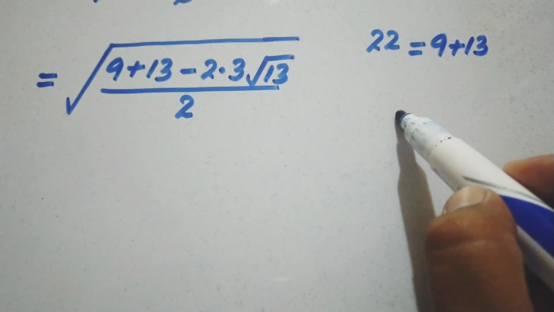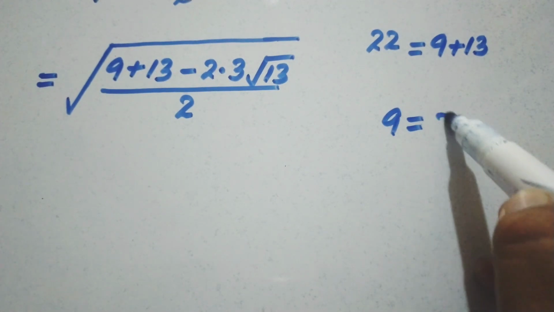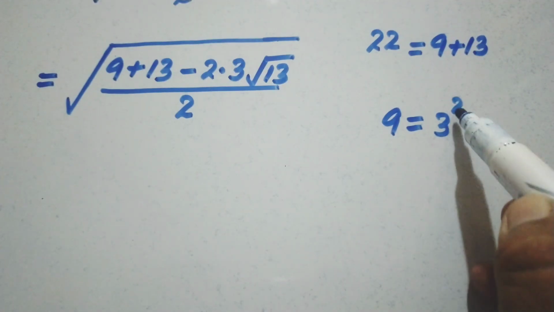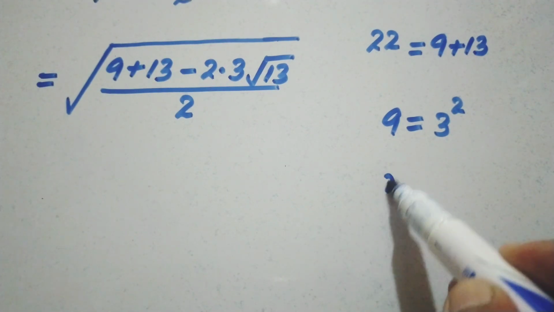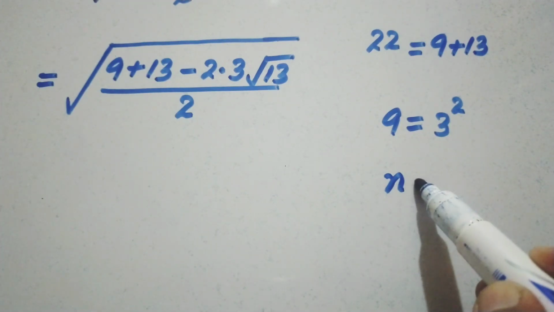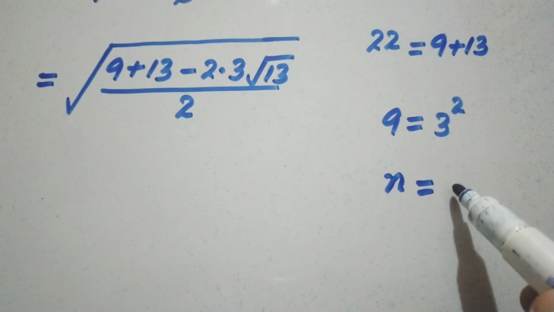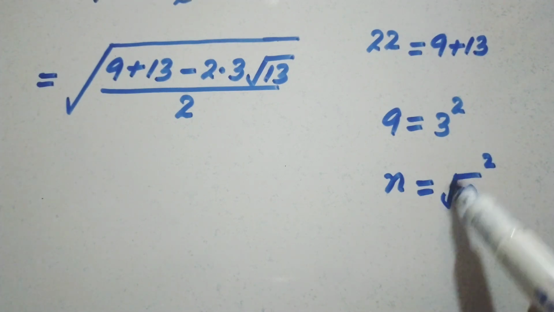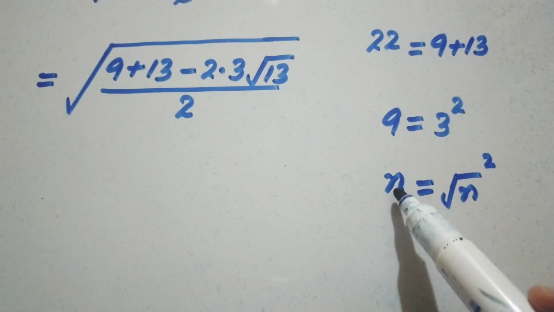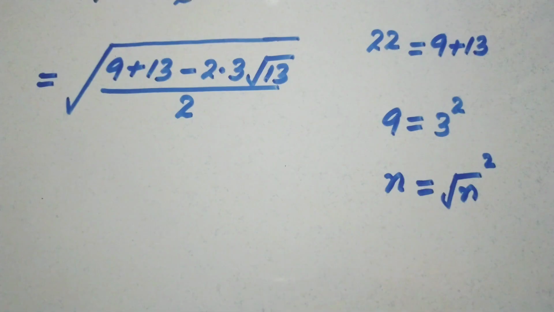Now 9 we can write as 3 squared. When we multiply 3 two times we get 9, and if we have a number n, this is equal to square root of n squared, because square root and square cancel out each other, we are left with n.